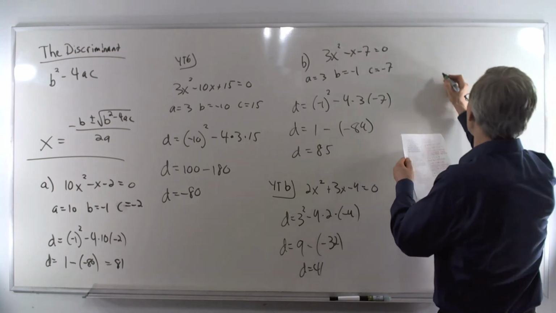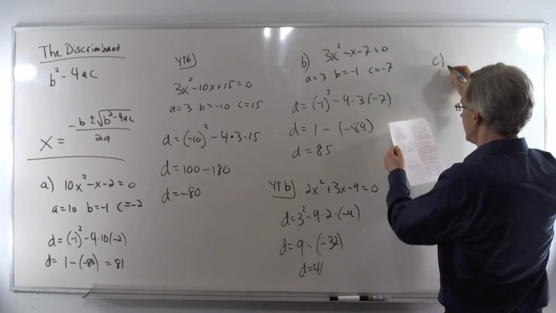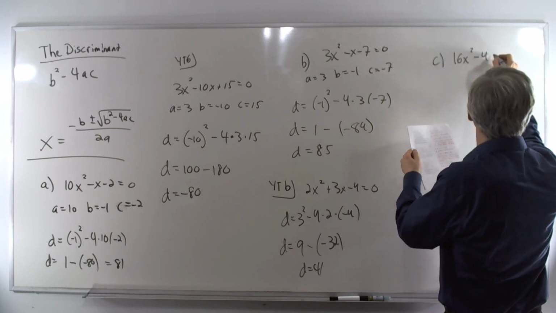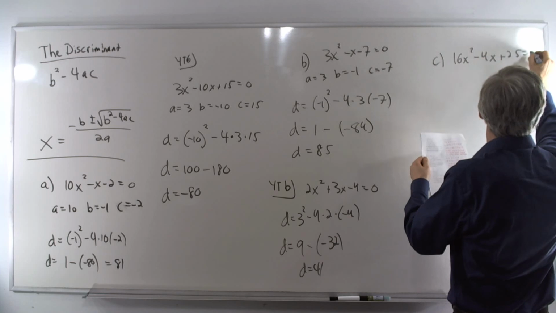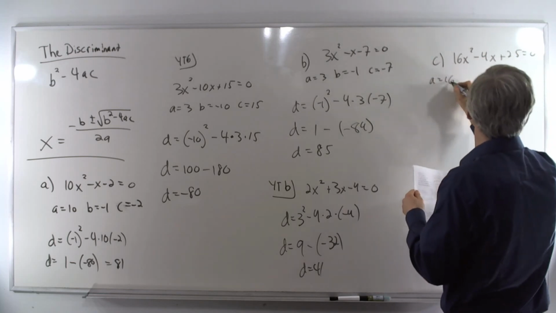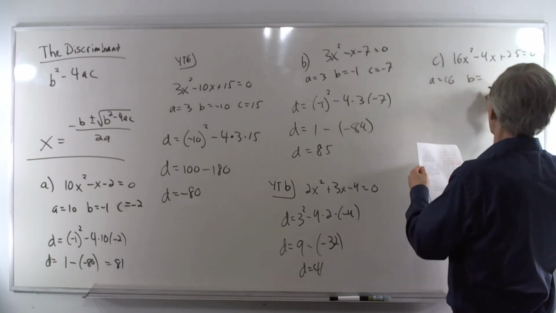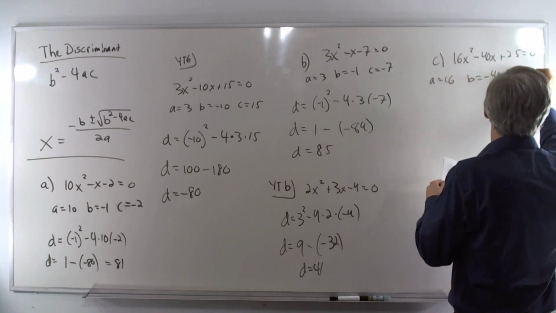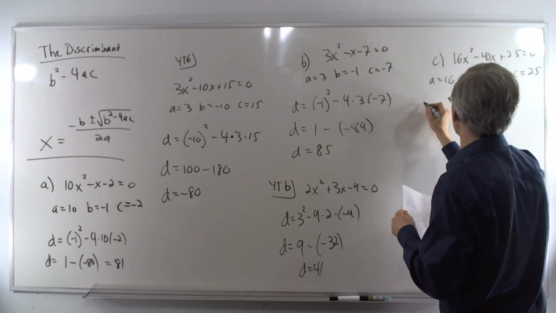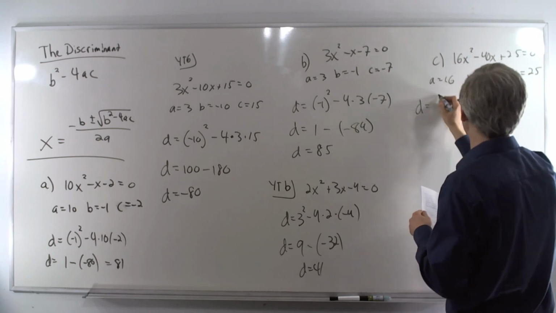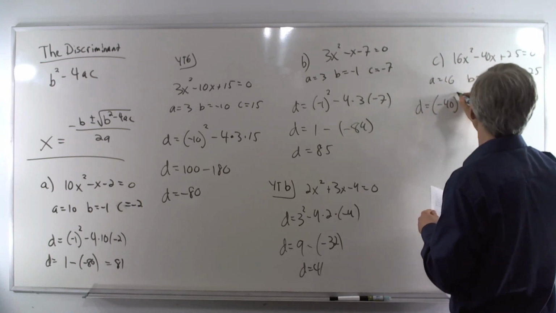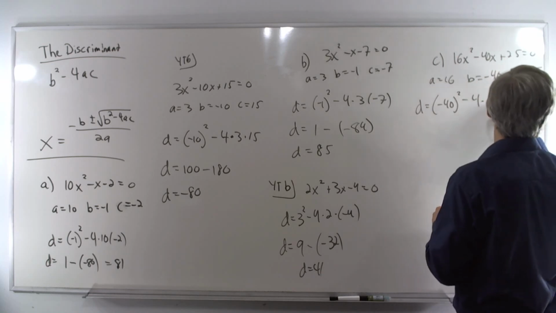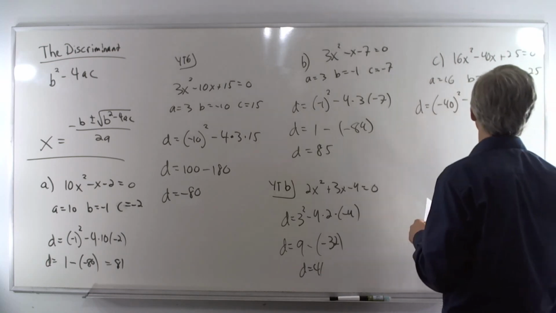All right, part C. You got 16x squared minus 40x plus 25. A is 16, B is negative 40, and C is 25. All right, discriminant. B squared, that's negative 40 squared minus 4 times A, which is 16, and C, which is 25.